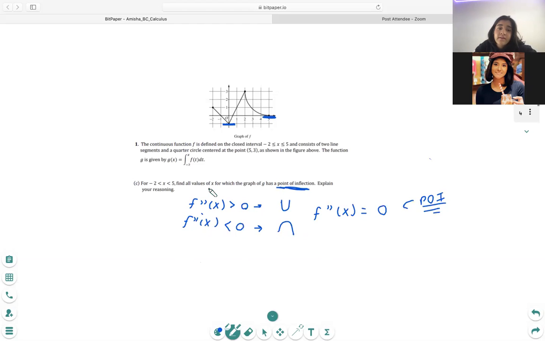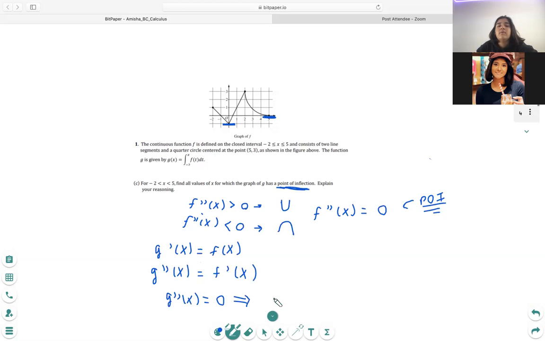So find the values of x for the function g. We know that g prime of x by FTC is f of x, which means g double prime of x is equal to f prime of x. So for a point of inflection, we're looking at when g double prime of x equals 0, which also means when f prime of x equals 0.